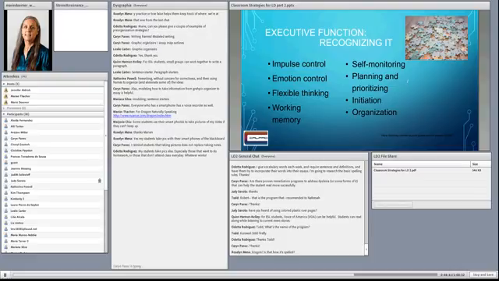It really is the front part of your brain. It takes charge of impulse control and emotional control, flexible thinking.